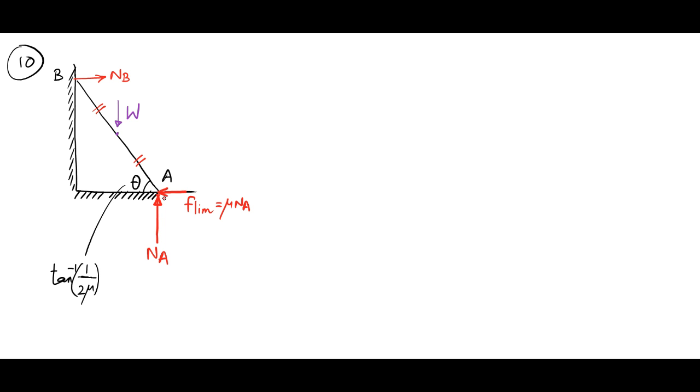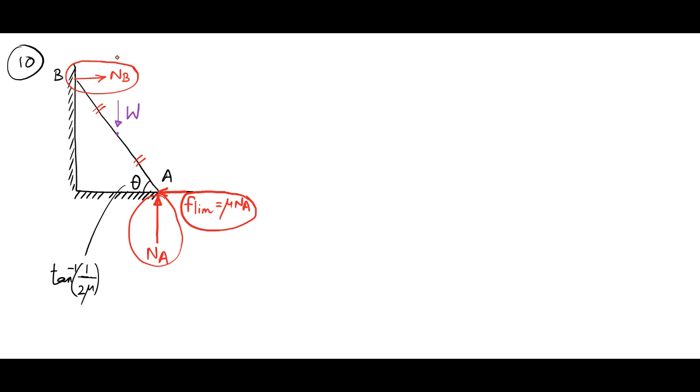So what are the forces acting on the rod? W, and there's this normal reaction at the bottom. Now limiting equilibrium would mean there's limiting friction acting here, F limiting is equal to mu times NA, and at this point you have the normal reaction at B, which is NB.